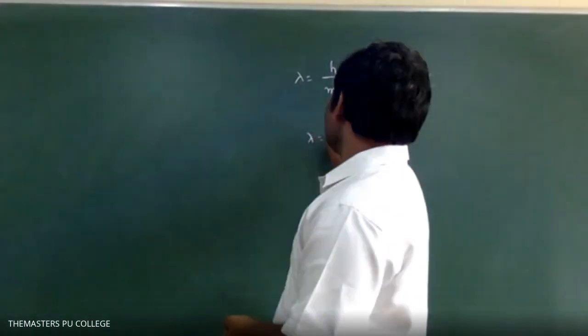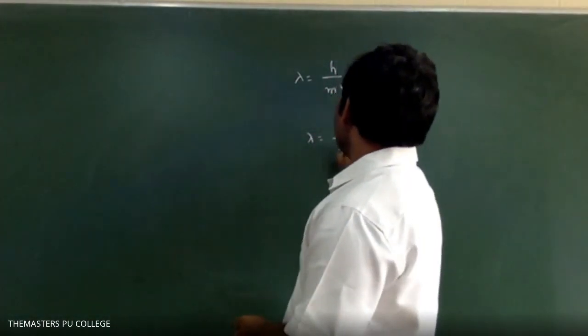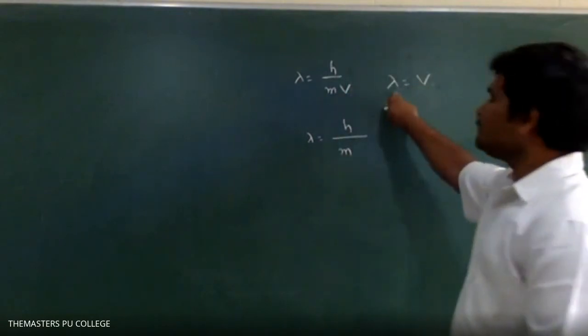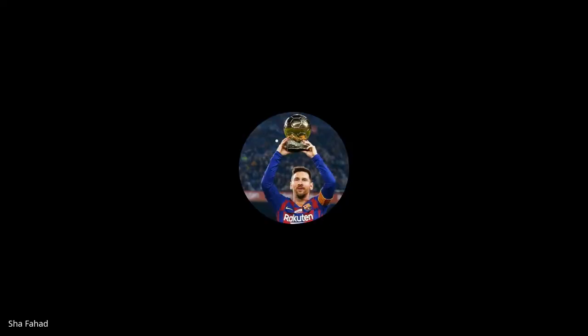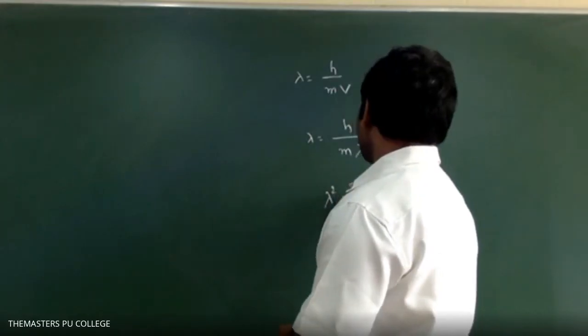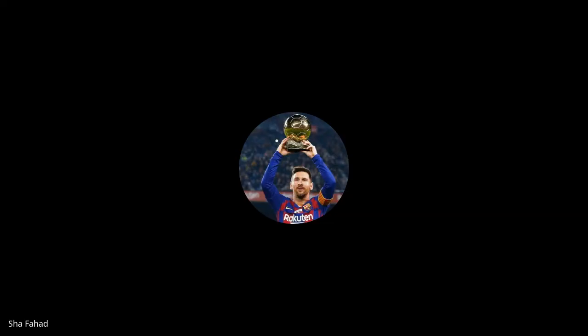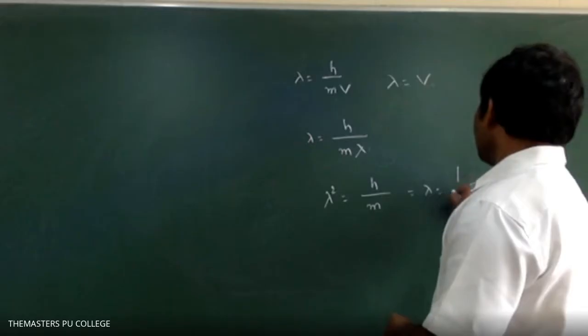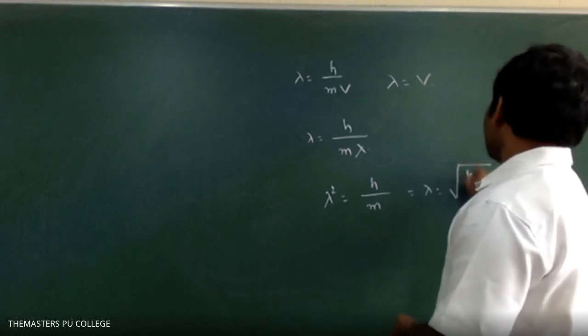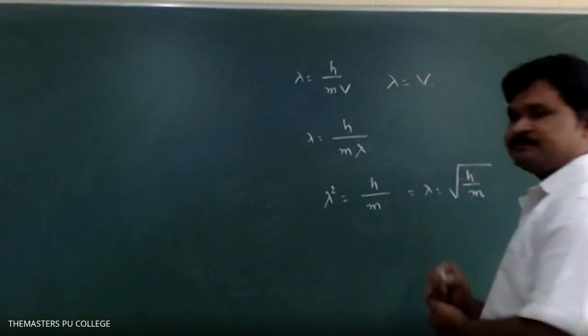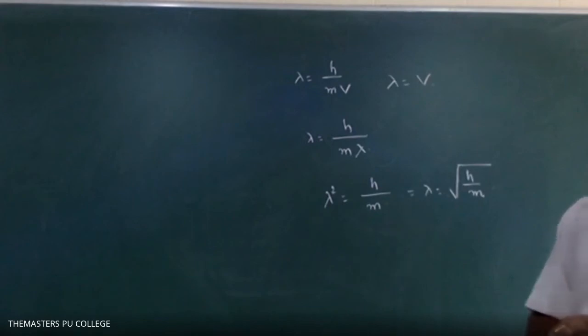V means lambda. Lambda into lambda, lambda square is equal to h by m. So lambda is square root of h by m. Yes, sir.